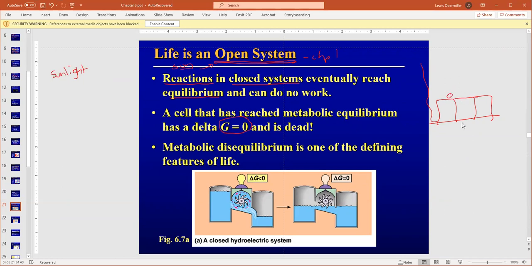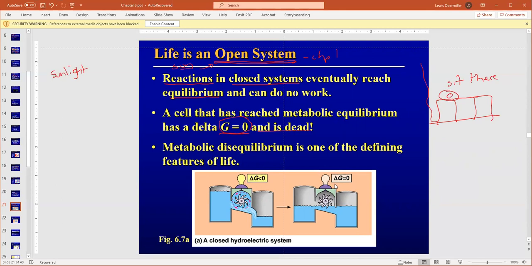What happens to that rock? It's just gonna sit there. And so there's absolutely no energy available in this at all. If delta G is 0, the reactants and products are the same, then life couldn't exist, because there's no way that we can have an energy exchange.